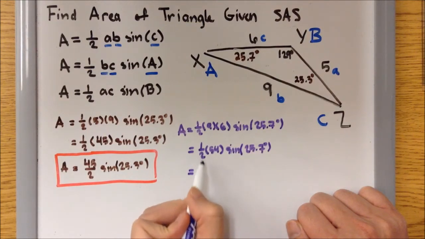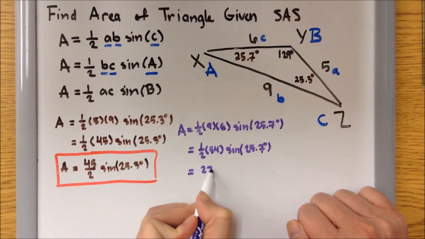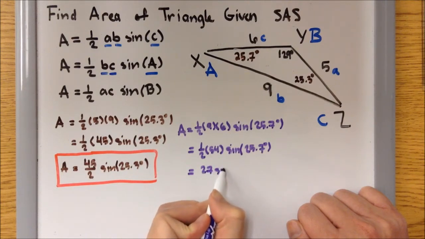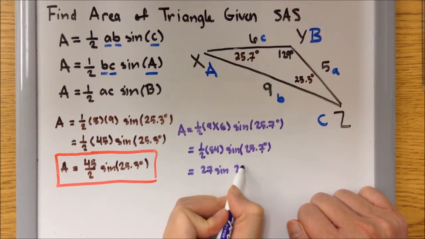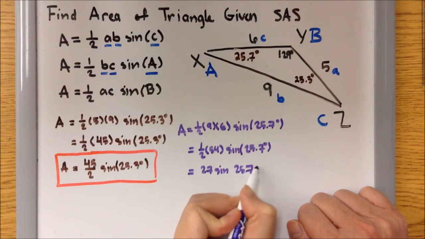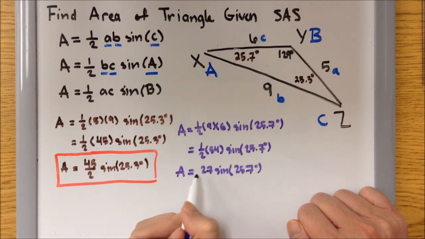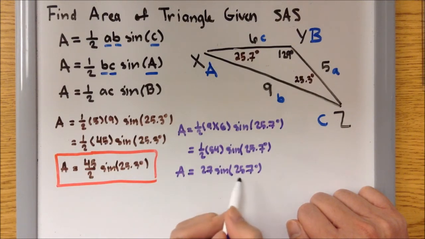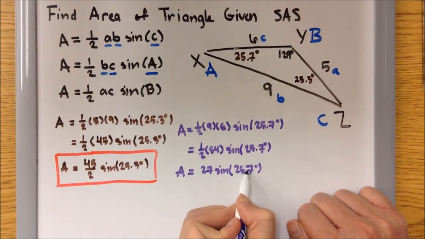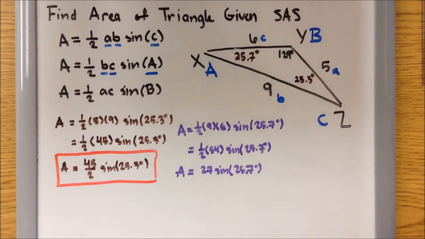Next, I will simplify the 1/2 of 54, which is basically 27, then times sine of 25.7 degrees. And I know this is where I'm going to stop because I can't simplify 27, nor can I simplify sine of 25.7 degrees. So that would be my final answer.